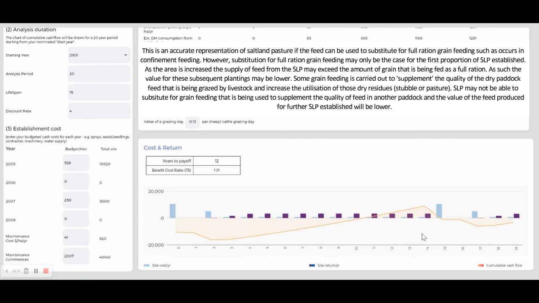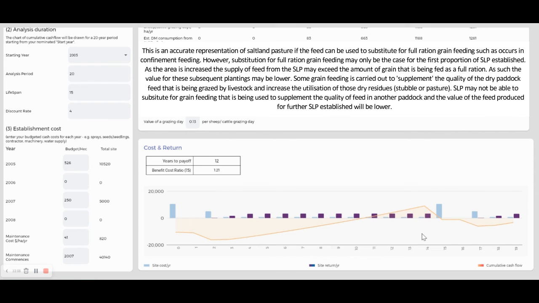If you haven't got animals in confinement and feeding them a full ration, then this calculation is overestimating slightly the benefit you would achieve. So for those of you who do have animals in confinement, offering them a full ration, this is giving you a very good estimate of the value of your salt bush.